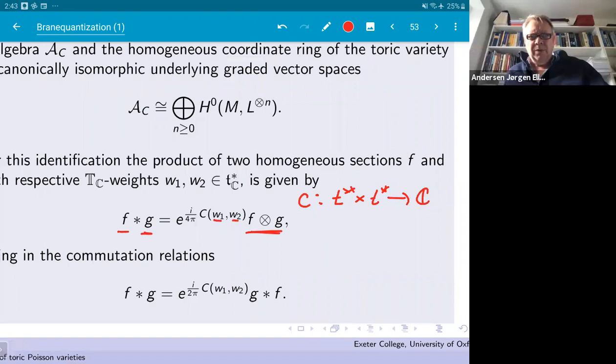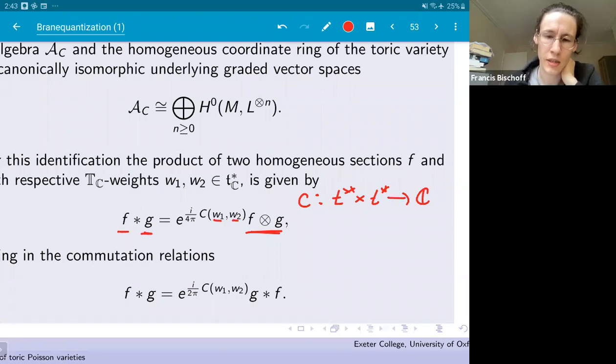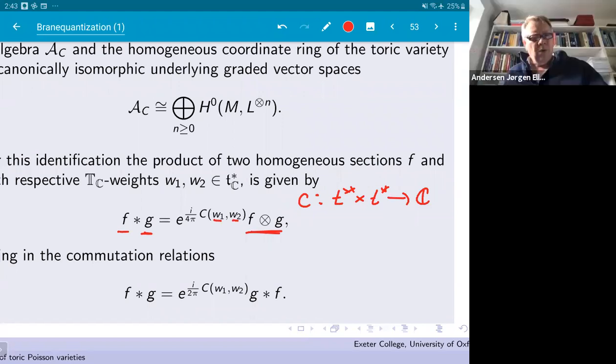So the product becomes dependent on these weights, and it's really only a rescaling of the commutative tensor product that you obtain. Yeah, it's like the quantum torus, but it's kind of compactified. But for all toric varieties, it's just somehow projectively, I would say that this is almost trivial, right? I mean, but it has this effect. Okay. Thank you.